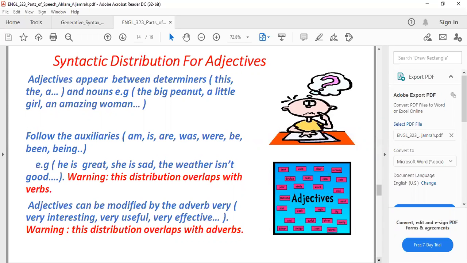For example, he is great. She is sad. The weather isn't good. Warning, this distribution overlaps with verbs. Why overlaps with verbs? Remember that we said, I will go, I'll see you, I'll meet you, we shall go. So here, after modals, after auxiliaries, or after is, are, am, he is playing, reading, eating, we said that sometimes we have verbs.